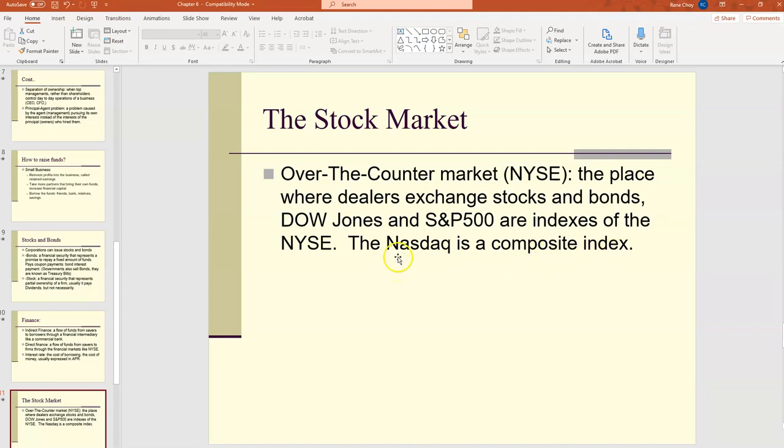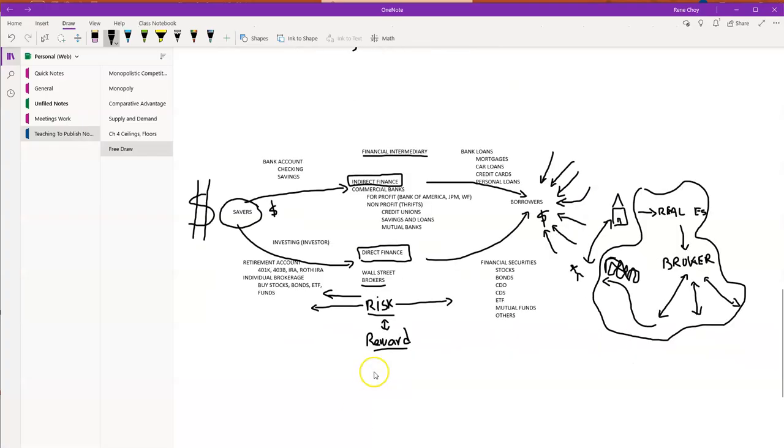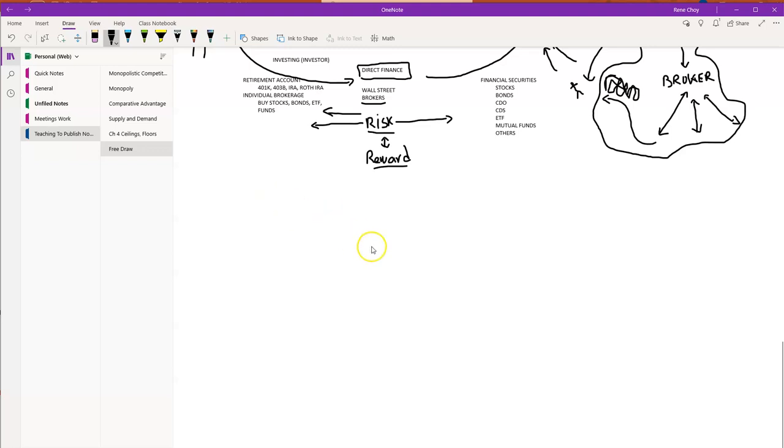The NASDAQ is basically where most stocks are being traded today in the US. It's a system of brokers that basically have connected all of their networks together. So the best way to describe the stock market is, it's very similar to the Amazon marketplace.